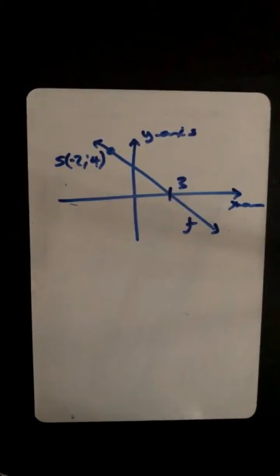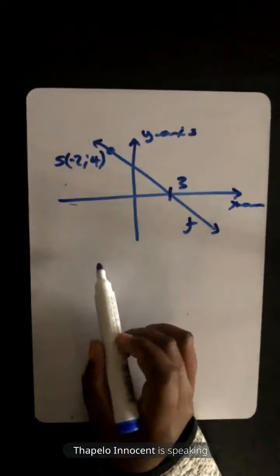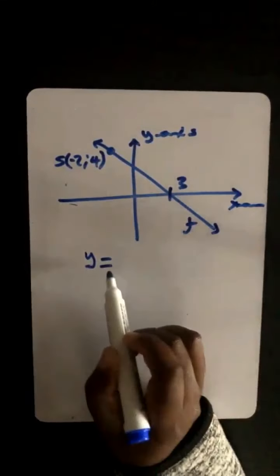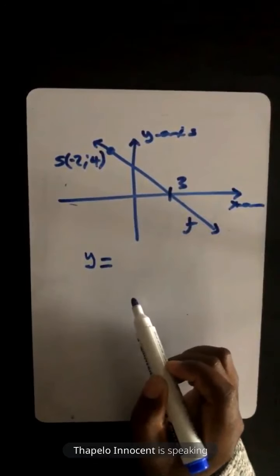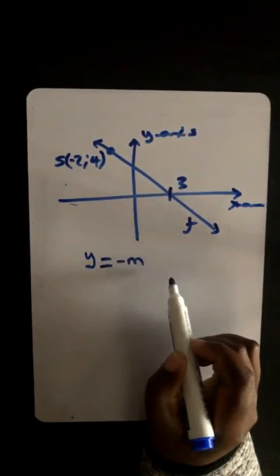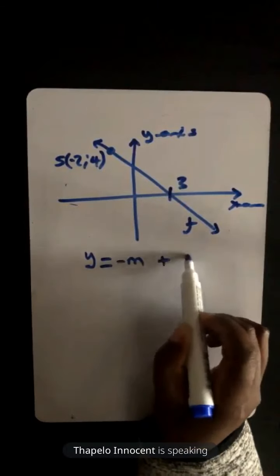I think we're going to have a negative gradient, and the C value would be positive because the C value is above the origin. 100%, which means generally we are going to have y equals, take me through this general equation, Tabelo. Y equals -m plus C, because we have a positive C value.